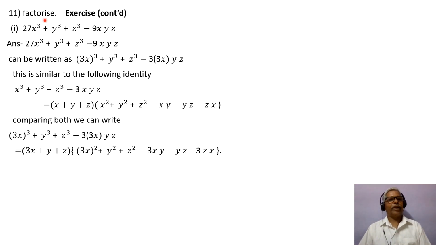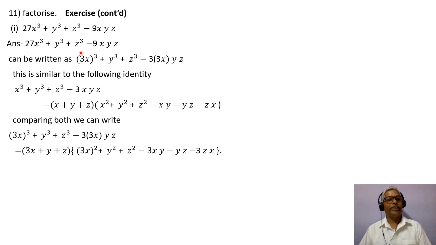11th one, factorize. Exercise continued. First one, 27x cube plus y cube plus z cube minus 9xyz. We have to factorize this. Answer. So write the whole expression as it is, 27x cube plus y cube plus z cube minus 9xyz.